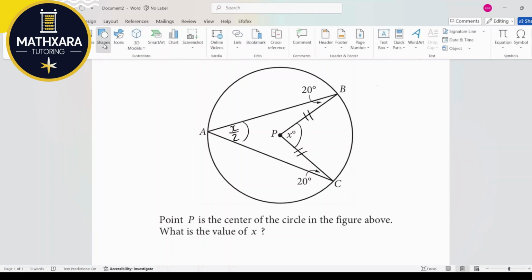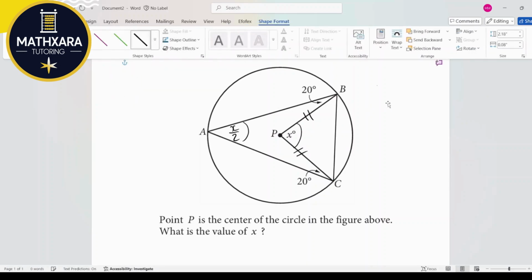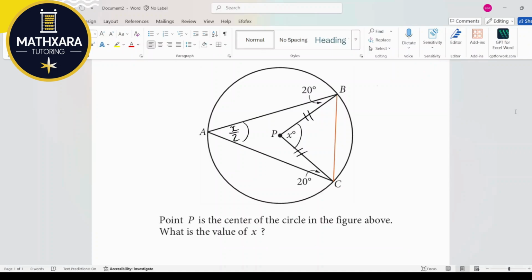What we'll need is a line that connects B to C. Now there's our line. Let's change it to another color so it's apart from the diagram.